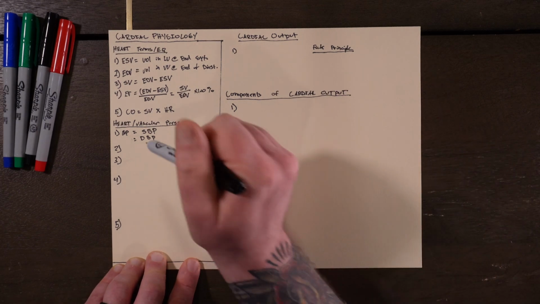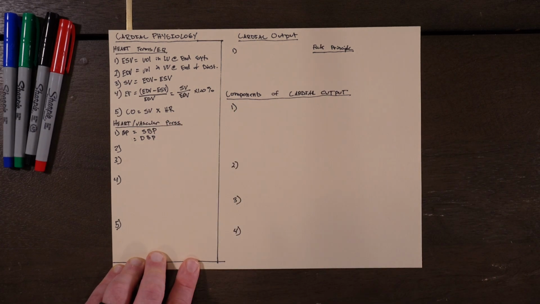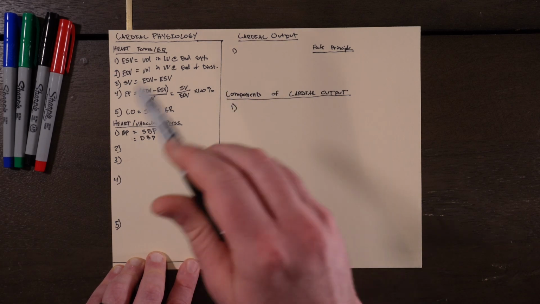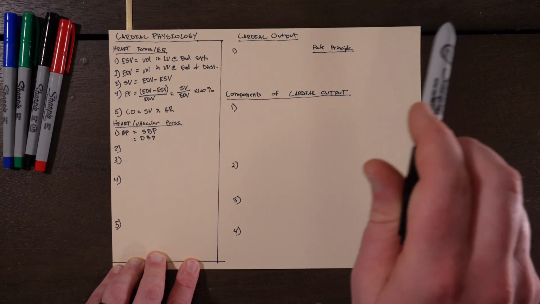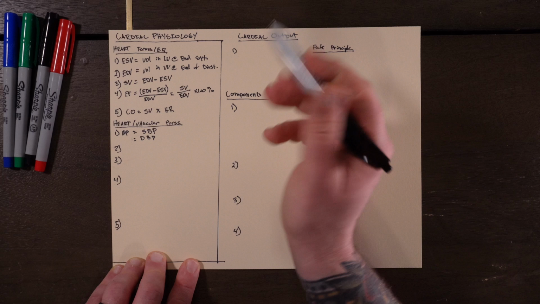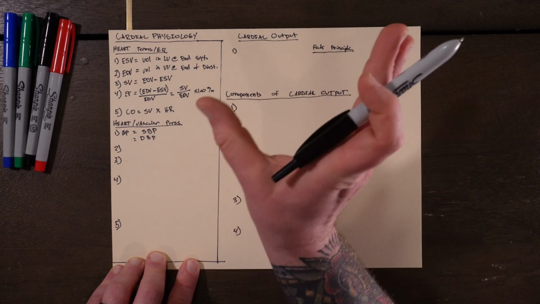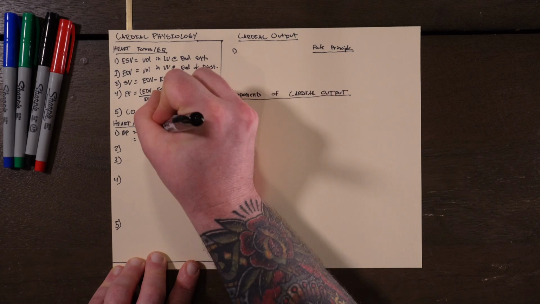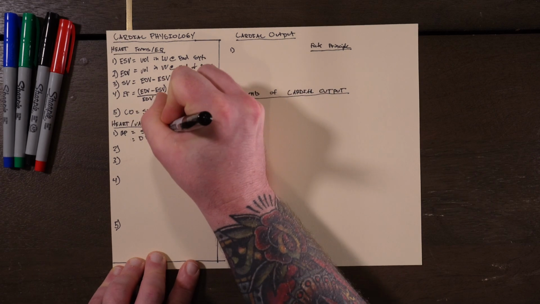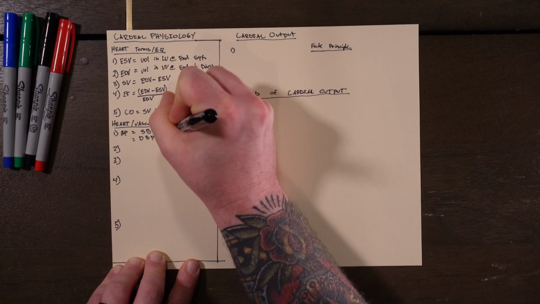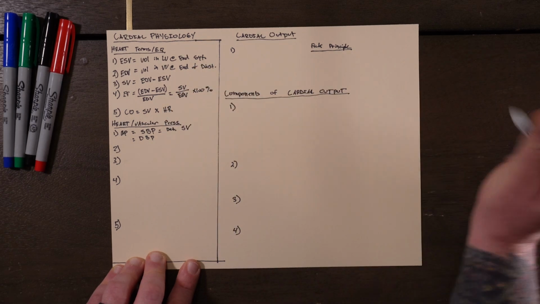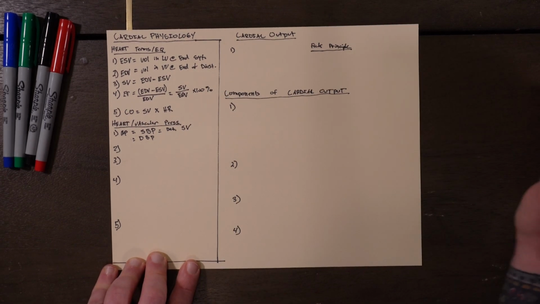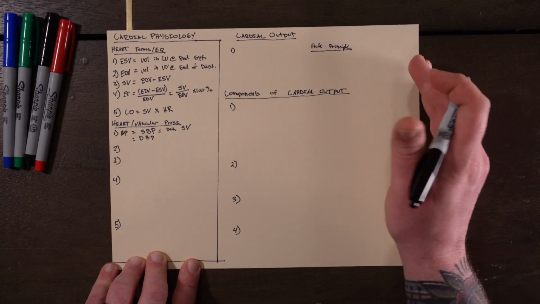Our systolic blood pressure is determined by the contraction and the stroke volume of the left ventricle, right? It's the maximum amount of pressure exerted on the arterial wall, right? And then that is determined by stroke volume, right? So the higher stroke volume, higher systolic pressures. Lower stroke volume, lower systolic pressures.